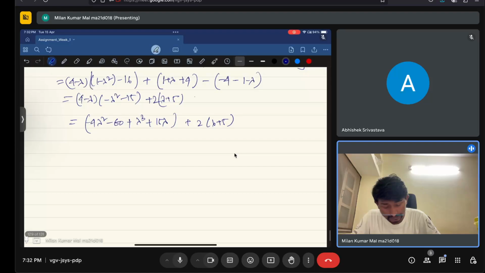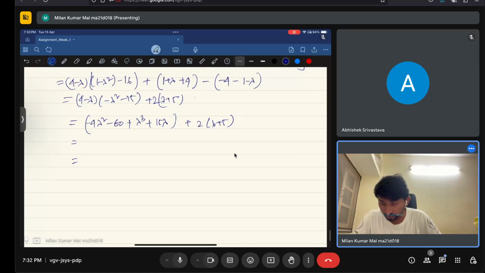So let's write it in that form: lambda cubed, lambda minus 5, lambda cubed minus 5 lambda squared plus lambda squared minus 5 lambda.